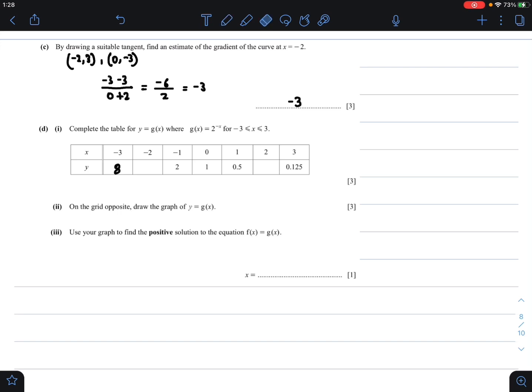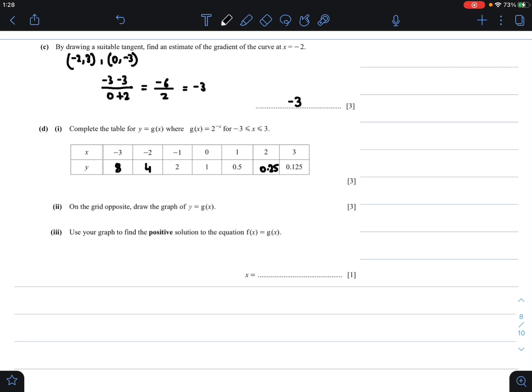Like that, you substitute the remaining x coordinates and you find the corresponding y coordinates. So for -2, it would be 4. For 2, it would be 0.25.